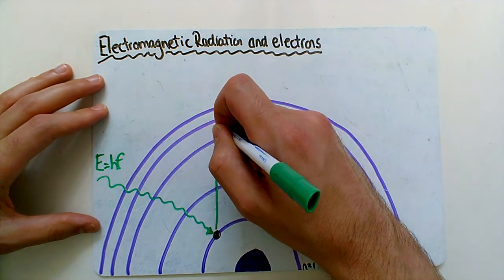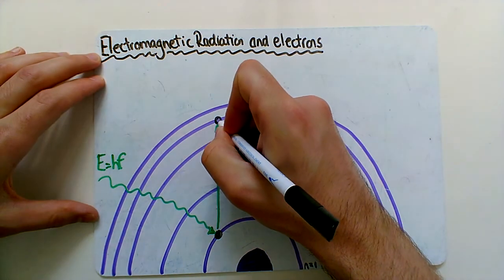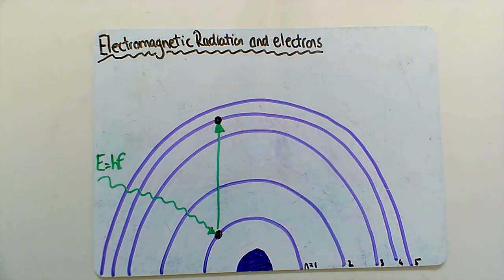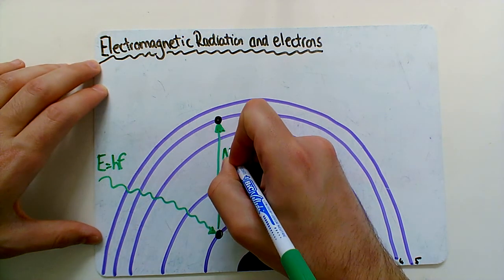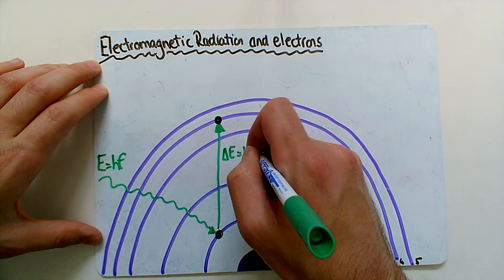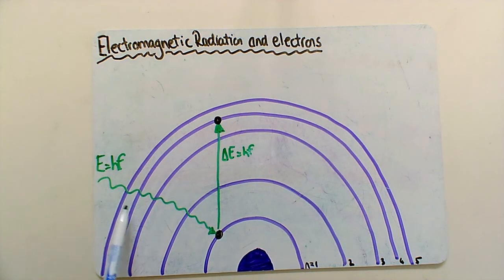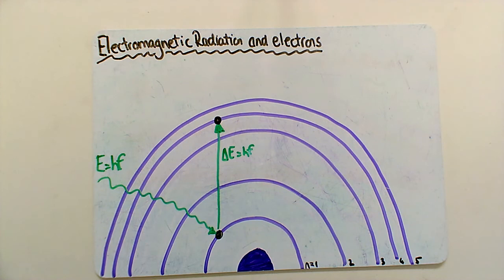So that energy was enough to move that electron from there to here. And that energy difference, so that delta E, that's also equal to hf. So whatever energy goes in, energy has to be the difference here. They have to be the same.